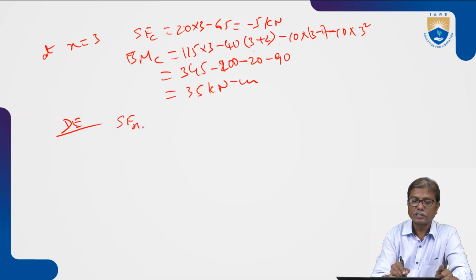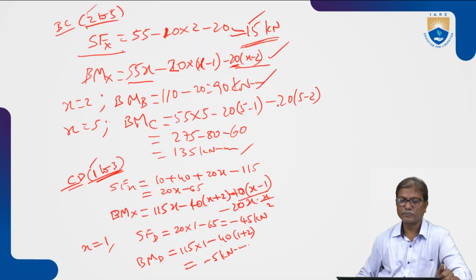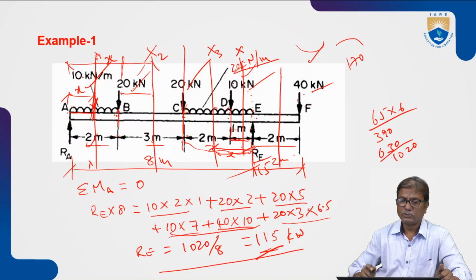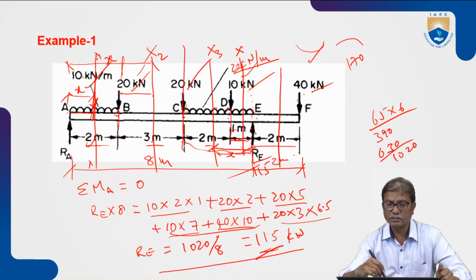So shear force at x is equal to RE minus 40 minus 10 into x. Okay. The loads we have to the right of the section are RE, this 40 load, and this length of UDL.